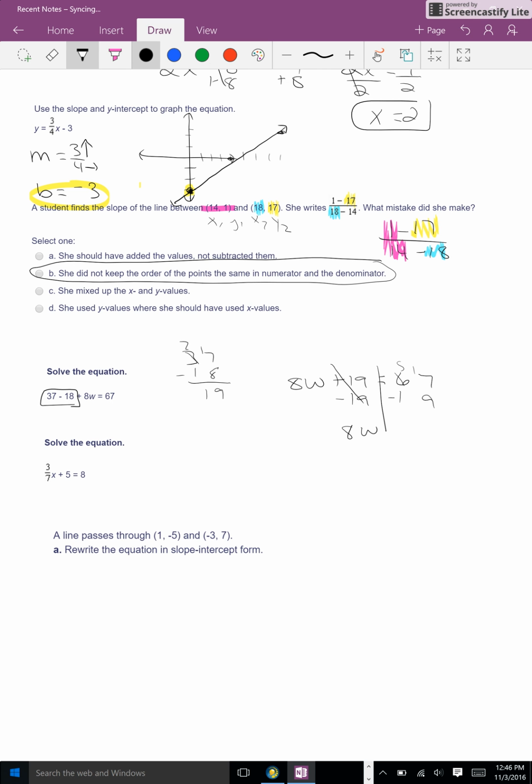You get 8w equals 48. And then 48 divided by 18 is whatever fraction that gives you, okay? And you can just type it into the calculator to simplify.